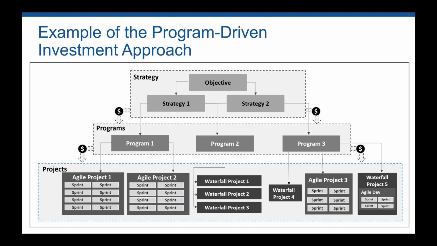So you could have, as shown in this example, programs that are being executed 100% Agile, which is program 1 here. Program 2, which is being executed 100% in the traditional waterfall way, or program 3, which we'll look at more today, which potentially is a program that is sitting on top of projects being managed in multiple methodologies, traditional, agile, or even a traditional project with some development activities being managed in an agile way.